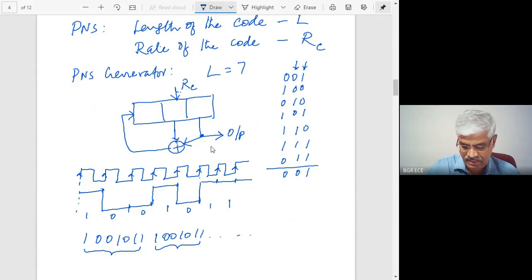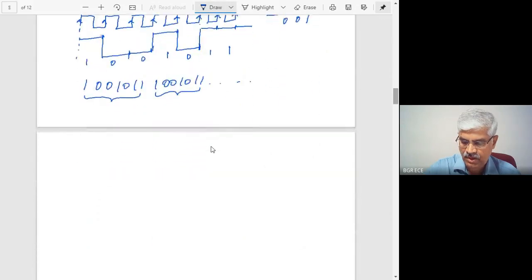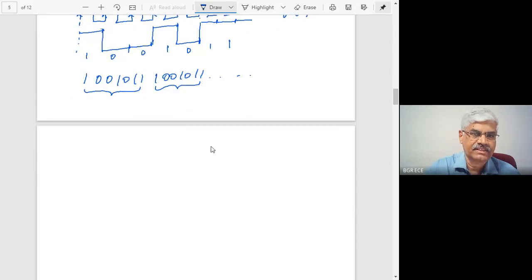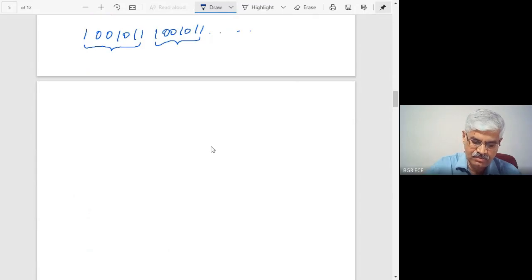Now let us see this small little sequence. How does it provide noise-like properties? Normally, a noise sequence means you randomly generate a sequence.